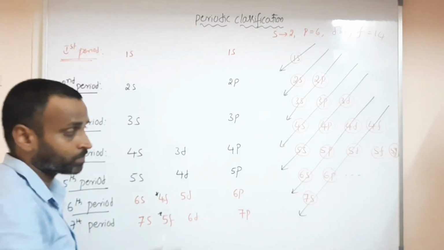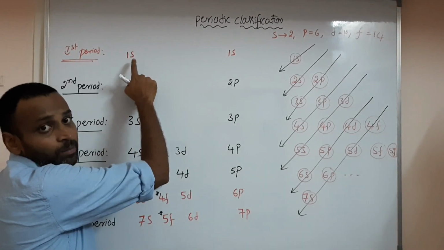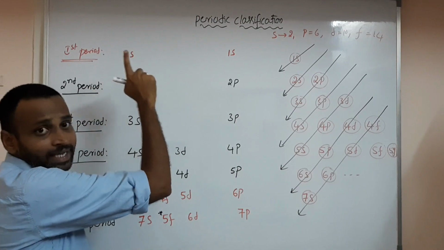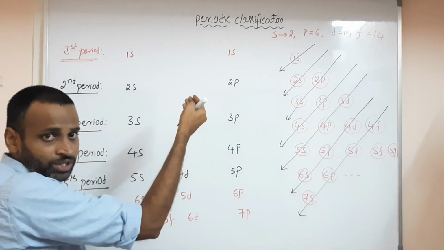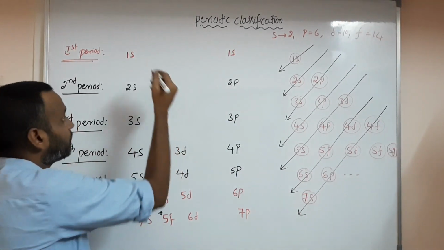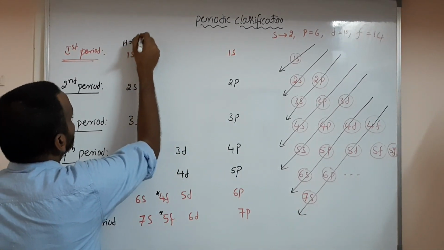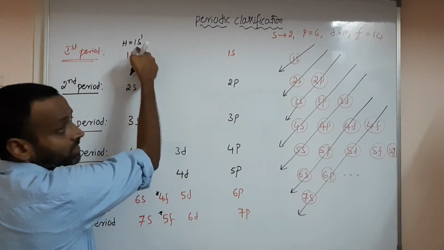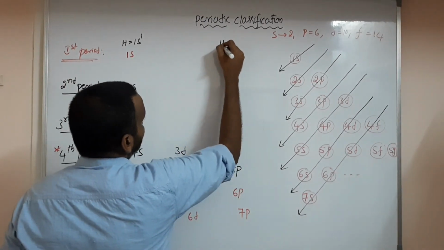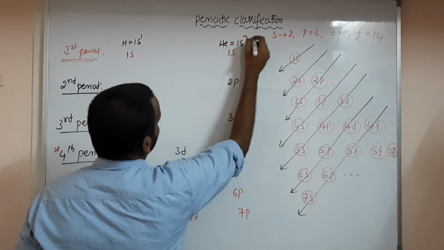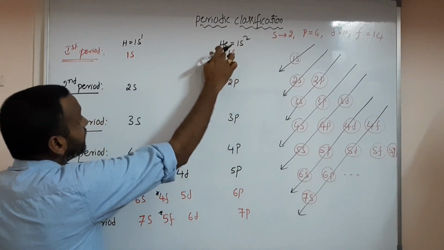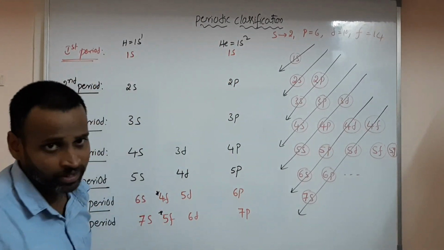I repeat: you have to place elements in the first period in which the last electron enters into 1s. Suppose hydrogen, 1s1. The electron enters into the 1s subshell or not. So hydrogen belongs to the first period. Here helium. Helium means 1s2. So in helium the second electron enters into 1s or not. So helium and hydrogen belong to the first period.